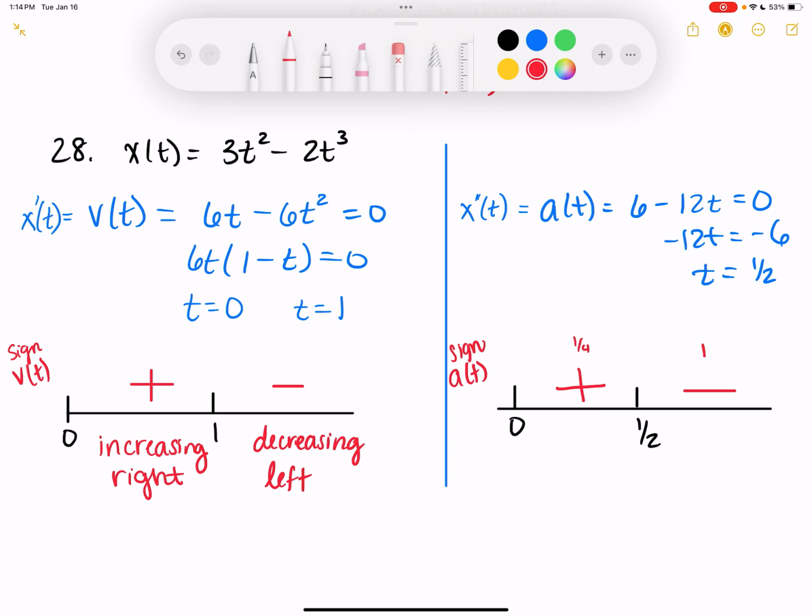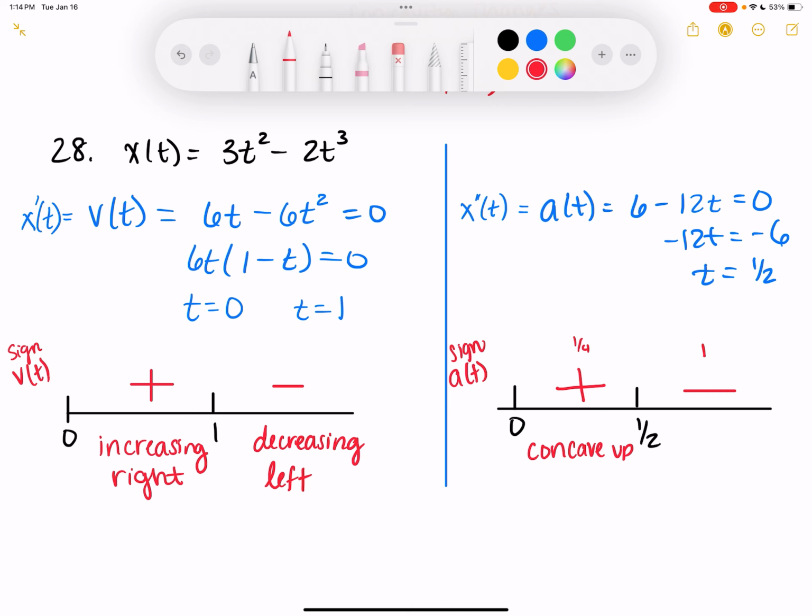So, when it's positive, it is concave up. And that means it's doing what? Increasing. Oh, it's increasing. What am I discussing here?